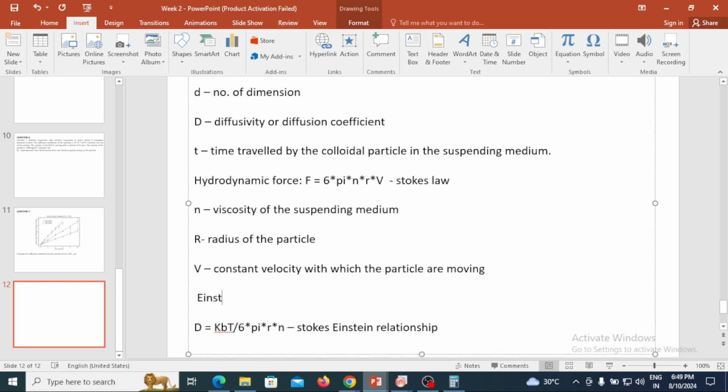Einstein's law states that the diffusion coefficient, or the diffusivity, is equal to kBT divided by the friction coefficient, that is, the thermal energy divided by the friction coefficient.